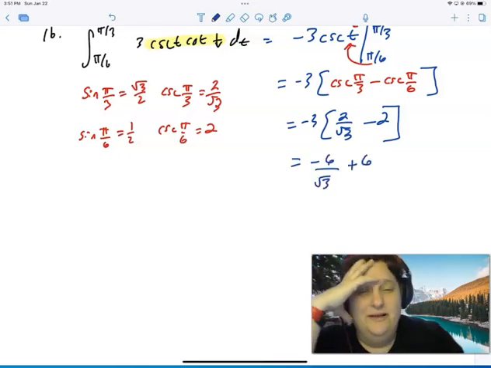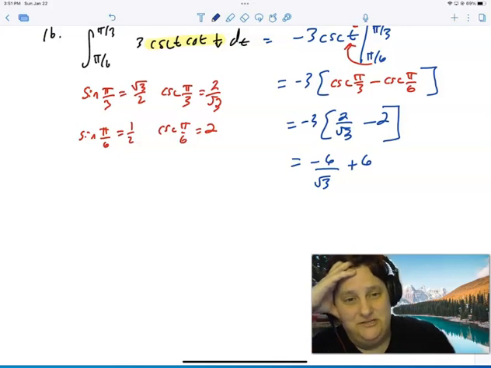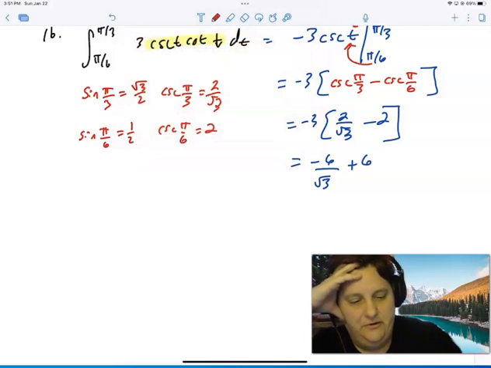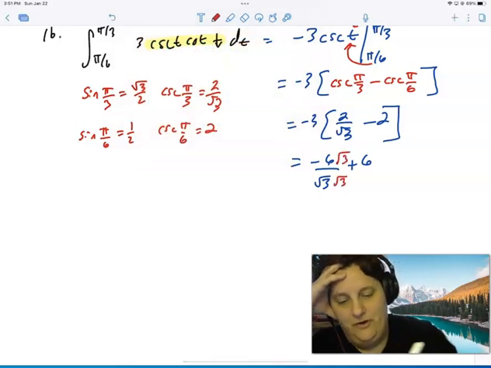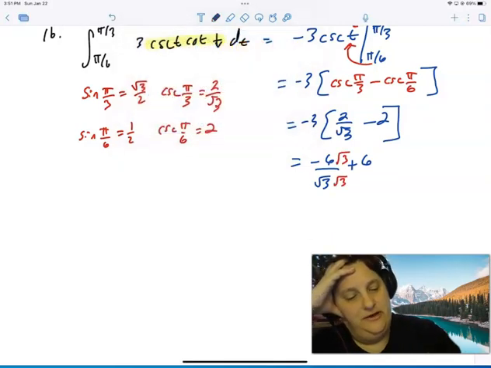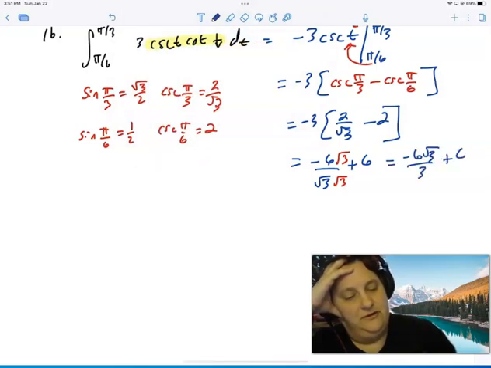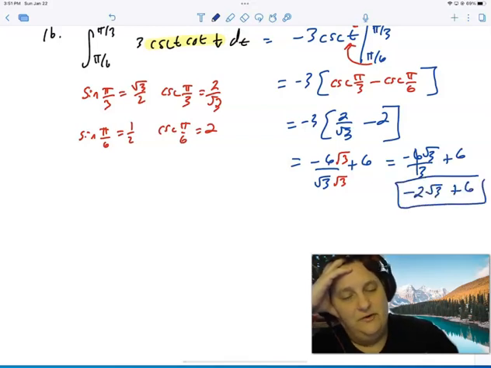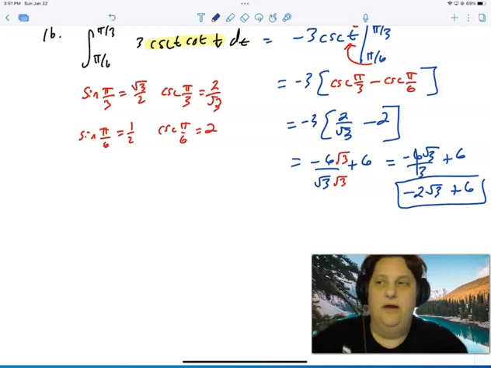And if you had to rationalize, if that wasn't the answer, and you had to keep going, you'd be like, oh, stupid AP question writers. We do this, and we go, okay, well, that's negative 6 root 3 over 3 plus 6, which is negative 2 root 3 plus 6. So if I had to simplify that all the way down, I could. Okay.